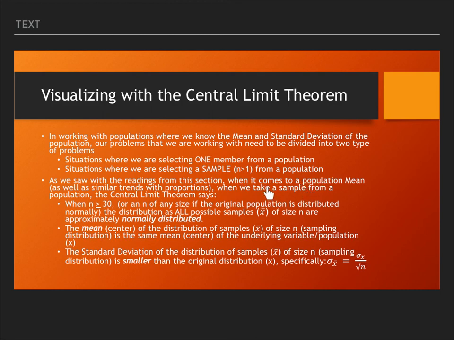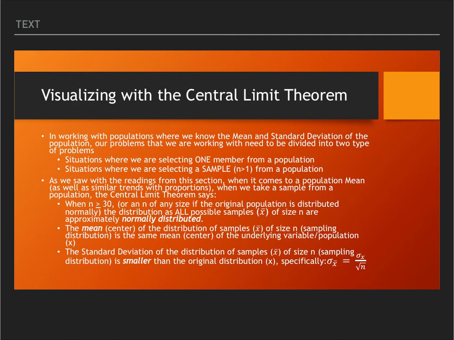As we saw from the readings of the section, when it comes to a population mean, and this is true also with proportions, though we're not going to spend as much time on that beyond your reading assignment, at least at this point. When we take a sample from a population, the central limit theorem says three things basically. Number one, when n is greater than 30, or an n of any size if our original population is distributed normally.